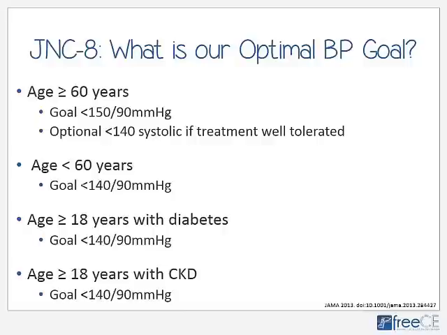For our younger patients, those less than 60 years of age, the goal blood pressure would be less than 140 over 90. Patients over 18 who have diabetes, goal blood pressure less than 140 over 90. And also those over 18 with chronic kidney disease, goal blood pressure less than 140 over 90. So basically, we have a more standard approach to blood pressure goals for all patients.